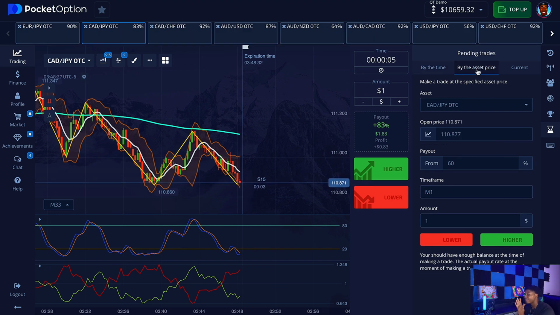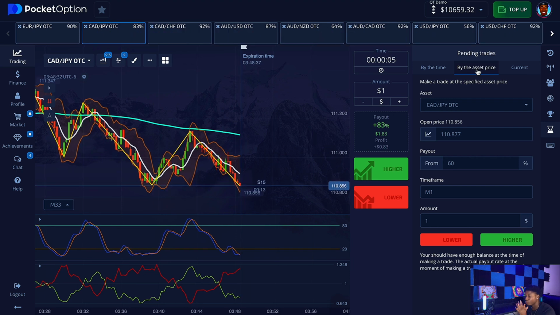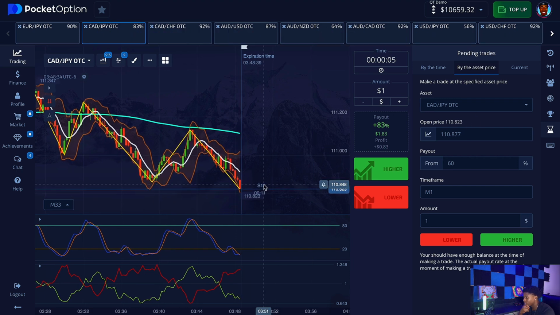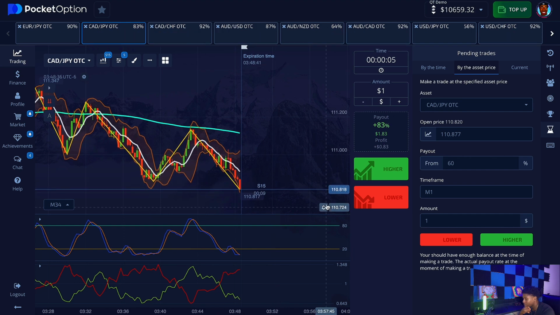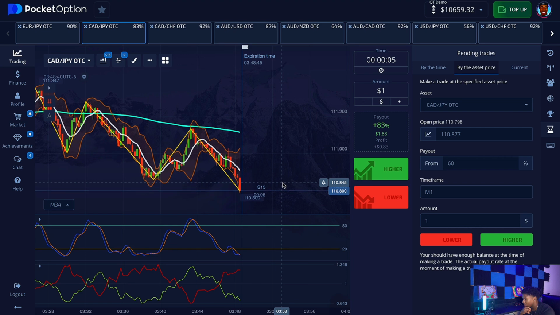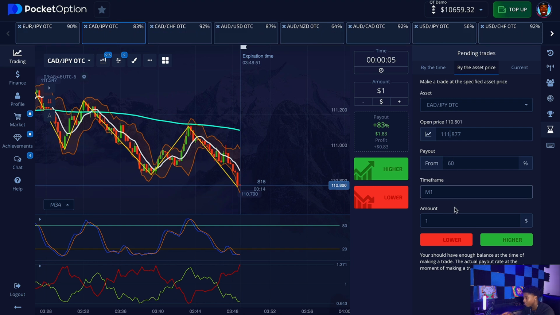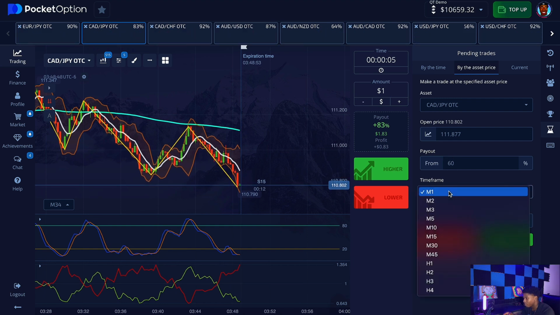And then we have trade by the asset price, which is kind of how Forex works and how a lot of traders trade. They would just see that the price is going. So right now, price is at 110, and let's say I know it's gonna go back up to 111. So I'll put at 111. I want to place a trade for 1 minute, you know what I'm saying? Yeah, 1 minute is the minimum on here.